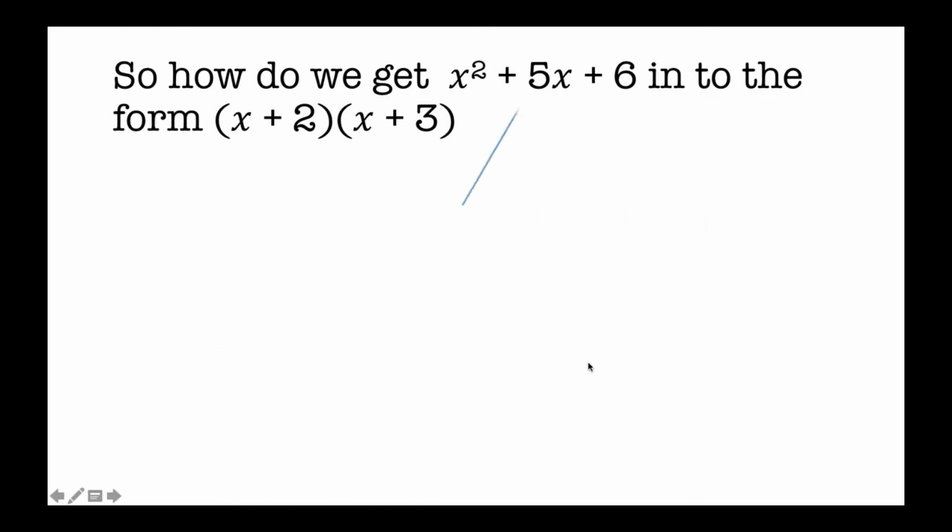The second rule you need to remember when factorising quadratics is that we need two numbers which add together to get 5. We don't need 5x, just 5. For example, 2 add 3 make 5. And we need two numbers that multiply together to get 6. Well, 2 times 3 is also 6. So you need to remember these rules: two numbers which add together to make this one, and multiply together to get this one.